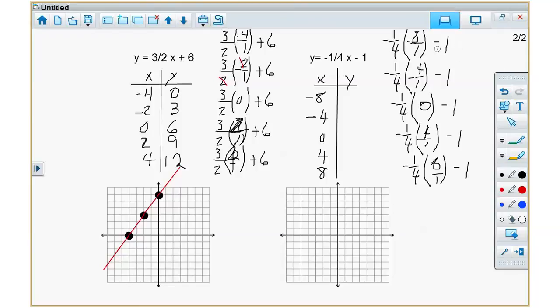And +2 minus 1 is 1. What's -4 over -4? 1 minus 1? 0. And what is 0 minus 1? -1. What's the pattern? 1, 0, -1.